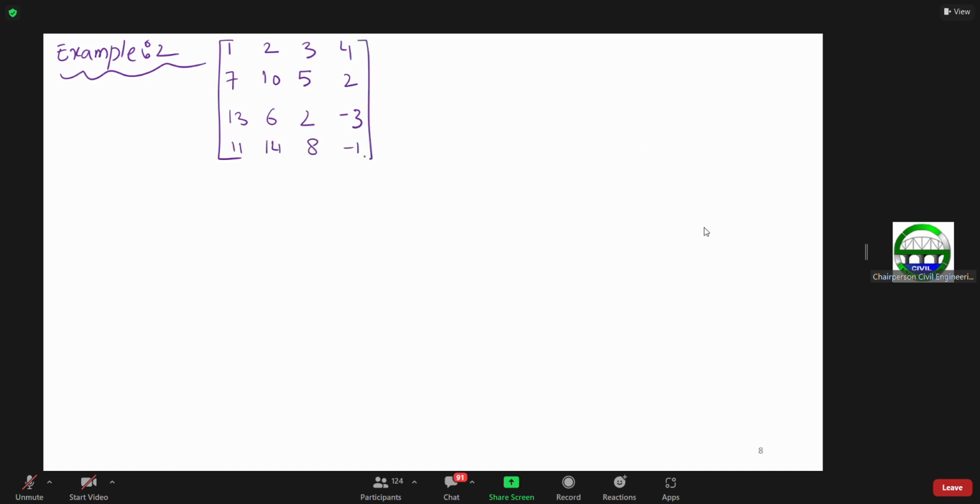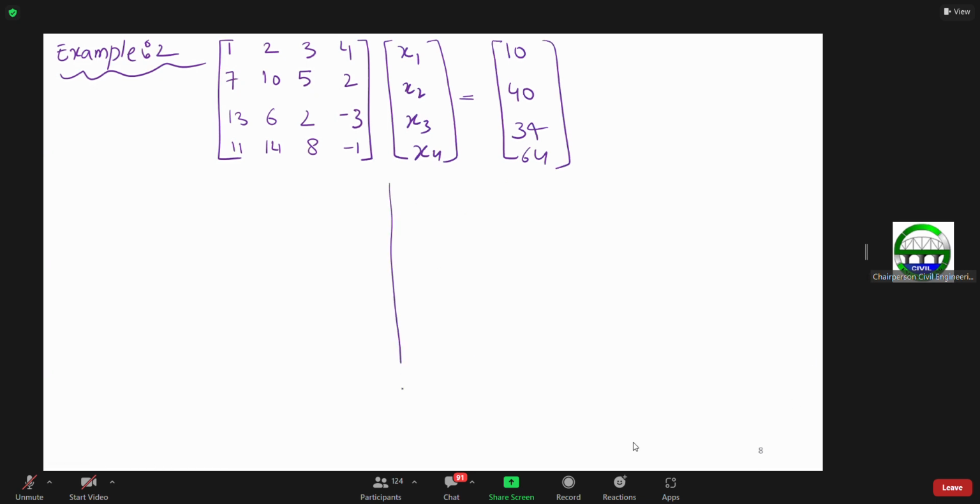And the vector x1, x2, x3, x4 is equal to 10, 40, 34, and 64.